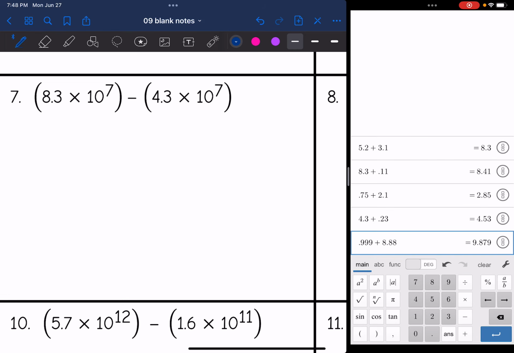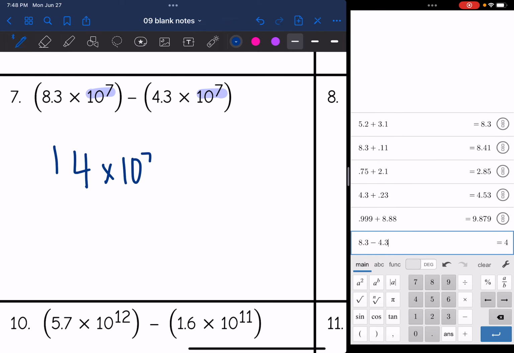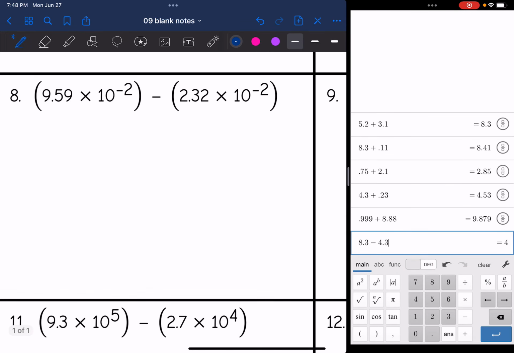So number 7, these exponents are already the same, so I can just go ahead and subtract the coefficients. So 8.3 minus 4.3 is 4. And then we will keep the times 10 to the 7th. Okay, number 8, same exponents again.